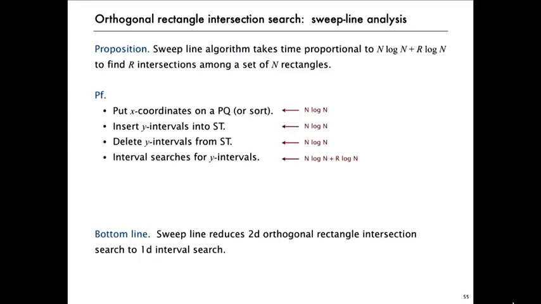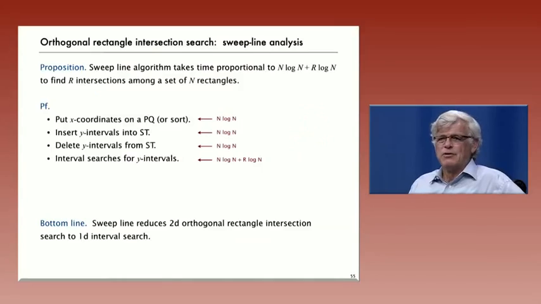But with the basic interval search tree algorithm and the sweep line process that we've talked about, you can get the orthogonal rectangle intersection search problem solved in time proportional to n log n plus r log n, where r is the number of intersections. And typically in design rule checking, you wouldn't expect too many intersections.